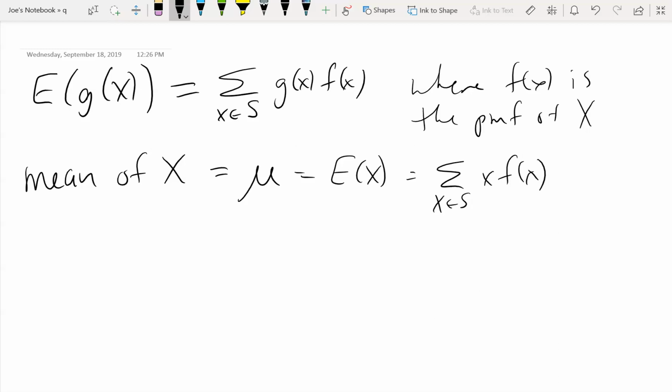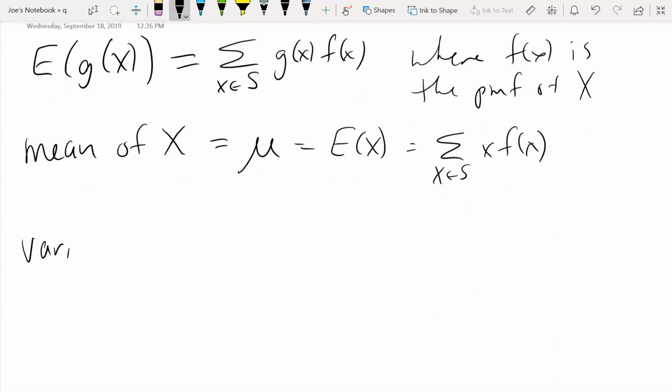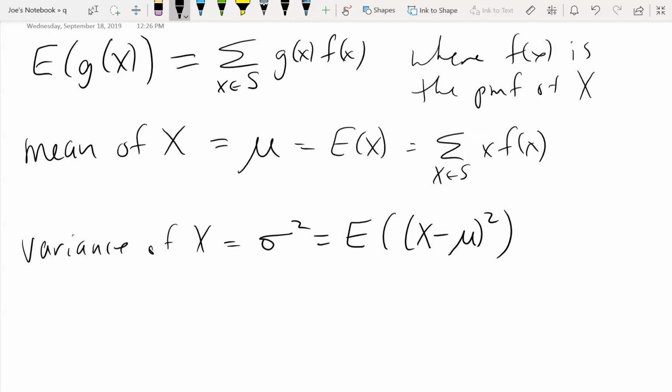Now, another thing that's important to be able to compute from expected value is what's referred to as the variance. So we use a Greek letter sigma and then the square to talk about the variance of x. This is the expected value of x minus the mean, squared.